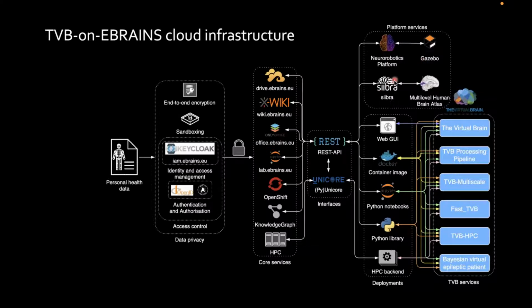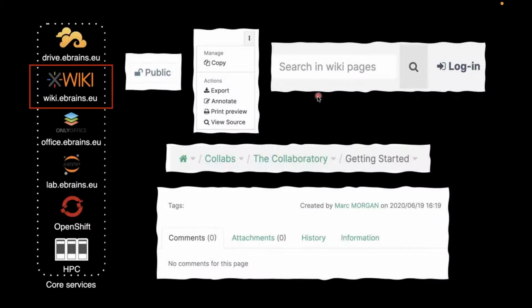We will go through each of them individually, and these are all connected via a RESTful API and UNICORE, which we'll also talk a bit more about. And these integrate all the different deployments and variants of these workflow services, the TVB services that I mentioned earlier, and which we'll look at in more detail.